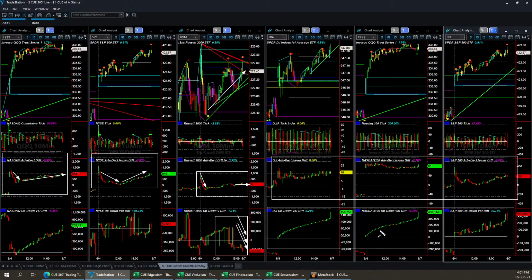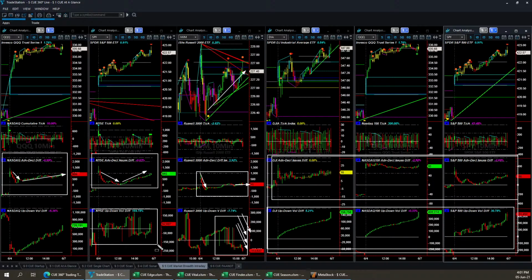Also, this picture shows that probably the mega caps or larger cap stocks did better. The broad market did not do so well. In fact, NYSE up down volume was not anywhere as good as Nasdaq composite as a whole.